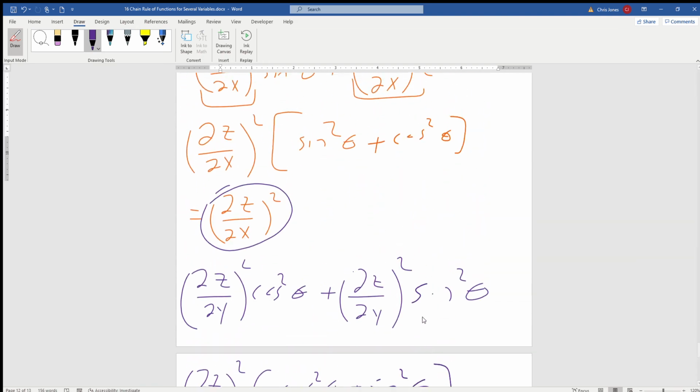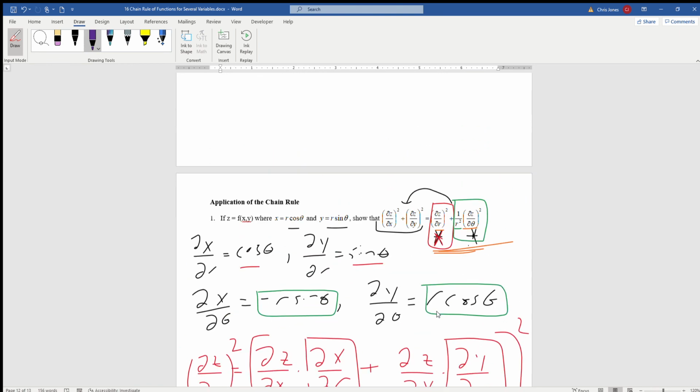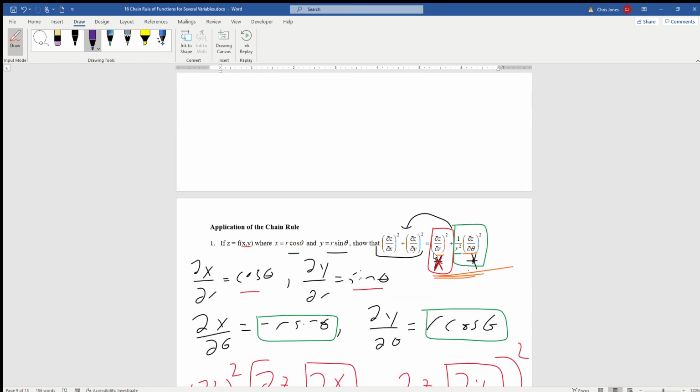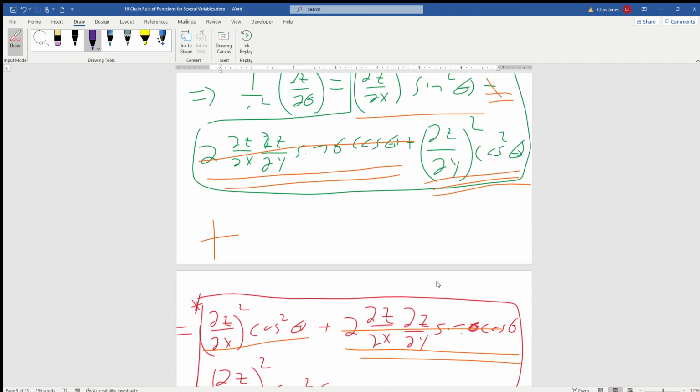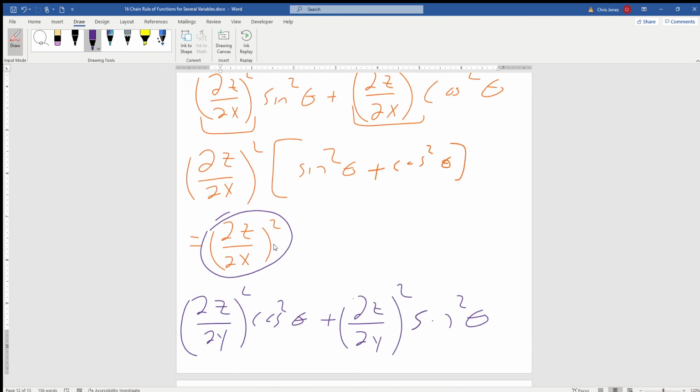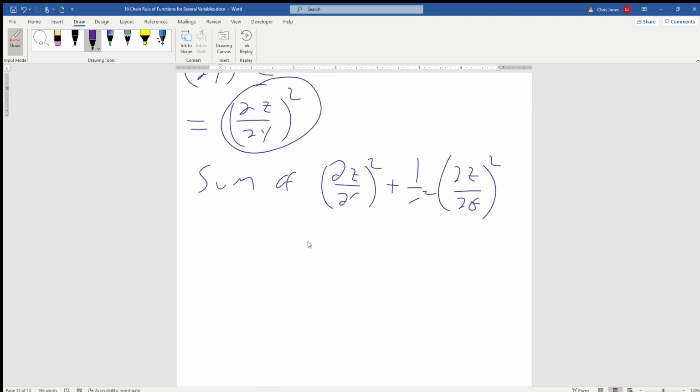All right, so that's all the way at the beginning, right here. And after all of that work, where we found all those partials, the only two things that are left are partial z partial x quantity square, partial z partial y quantity square. So that's going to be equal to partial z partial x quantity square plus partial z partial y quantity square.